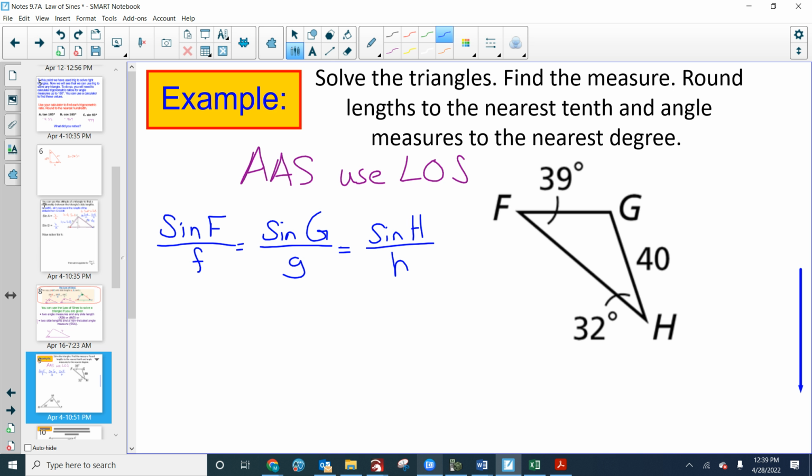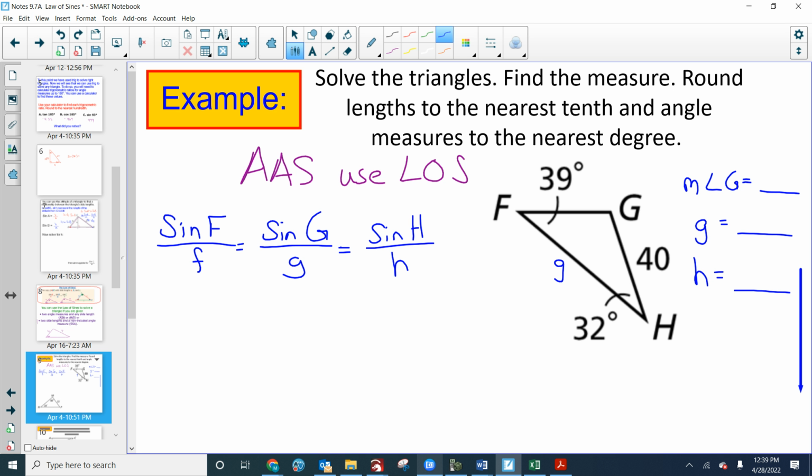So if we're going to solve this triangle, we're going to have to find the measure of angle G, side G, and side H. Angle G is really easy.